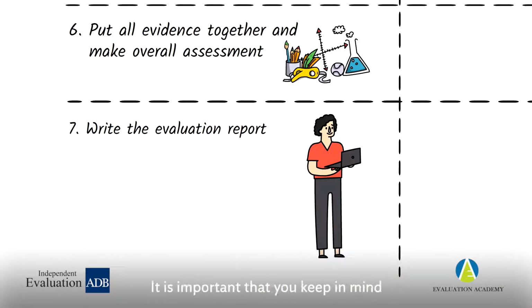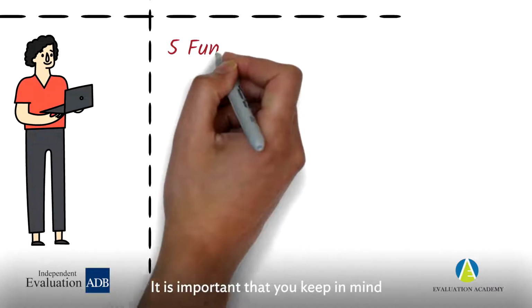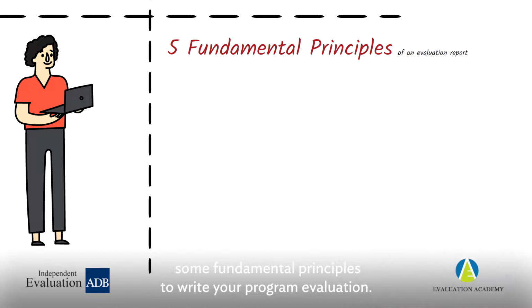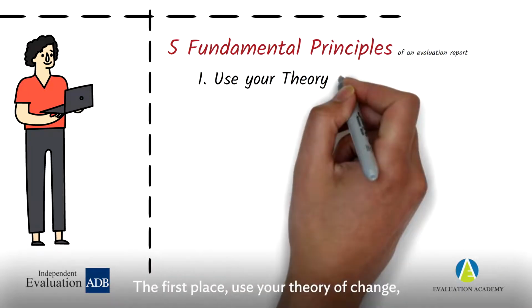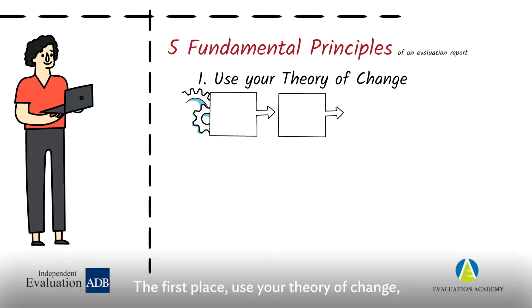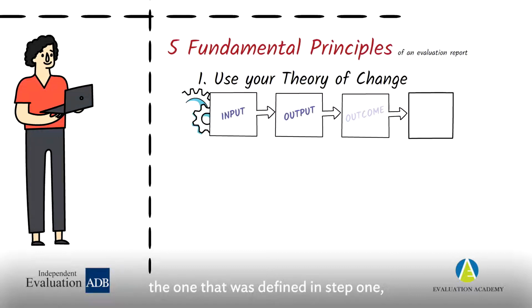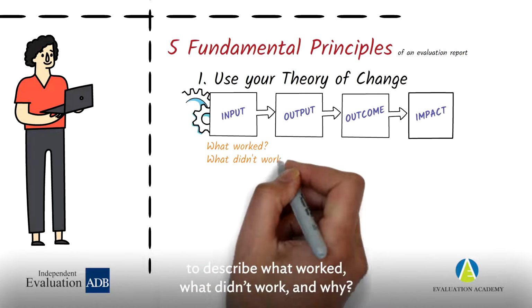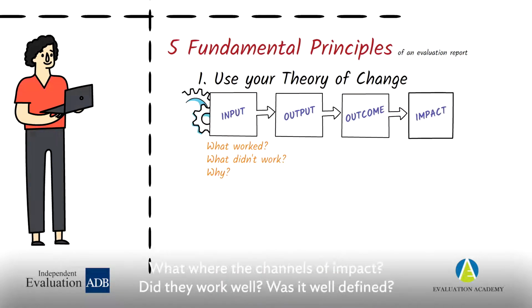It is important that you keep in mind some fundamental principles to write your program evaluation. In the first place, use your theory of change, the one that was defined in step 1, to describe what worked, what didn't work, and why. What were the channels of impact? Did they work well?